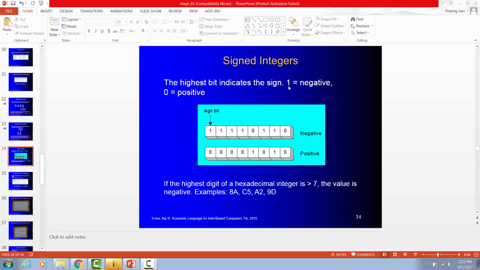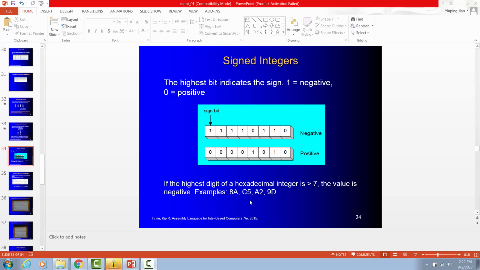So if you have a negative number, the computer is going to put 1 in this location. If you have a positive number, the computer is going to put 0 in the leftmost position. So 1 means negative, 0 means positive.